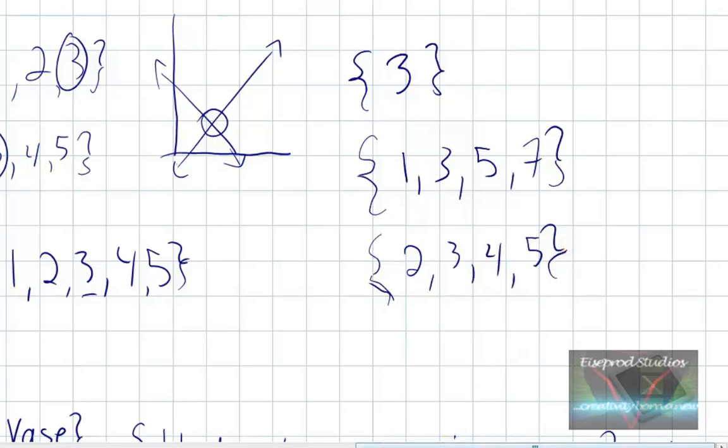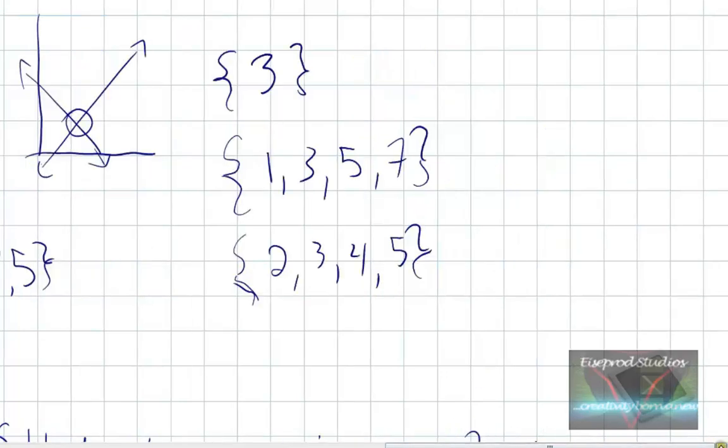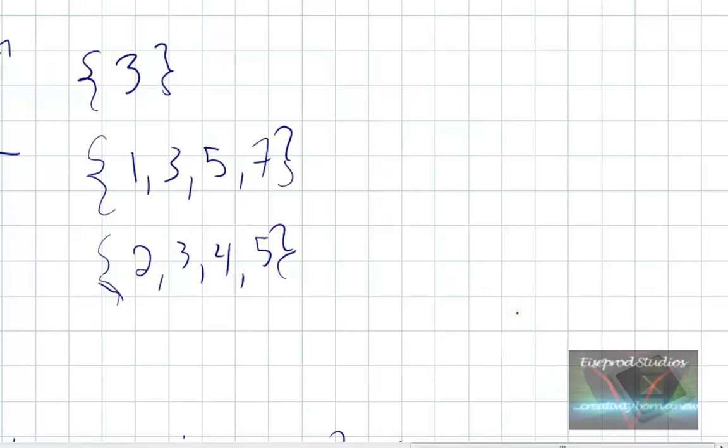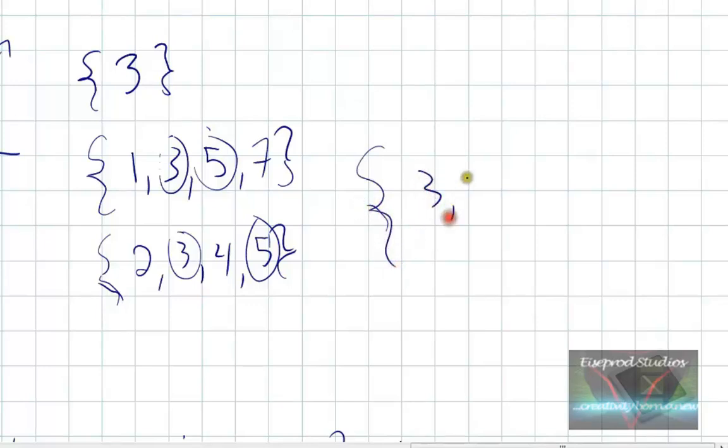The intersection of these two would only include the numbers that they have in common. So they have in common a 3, and they have in common a 5. So the intersection of these two would be 3 and 5. And again, you don't count repeats. You wouldn't write 3, 3, 5, 5. It's just 3 and 5.